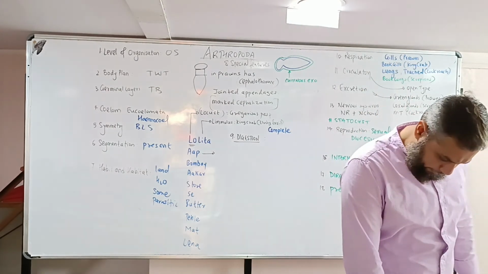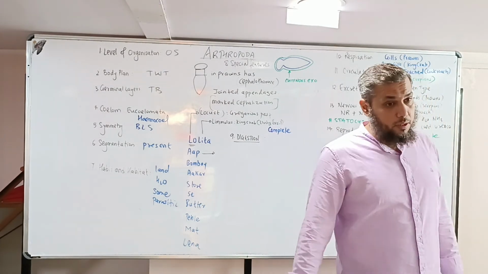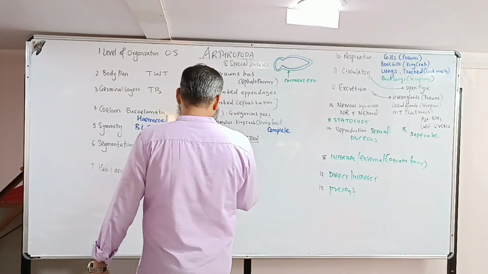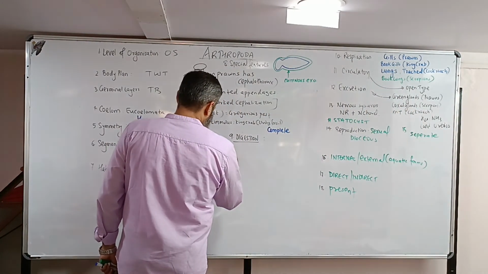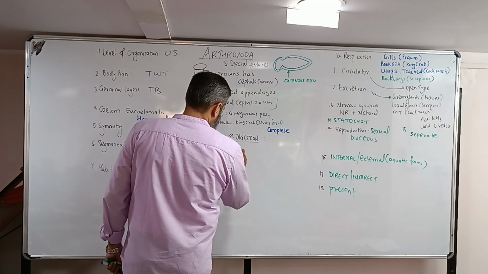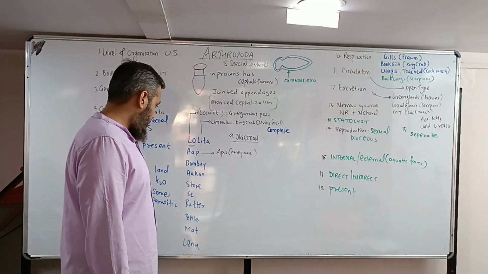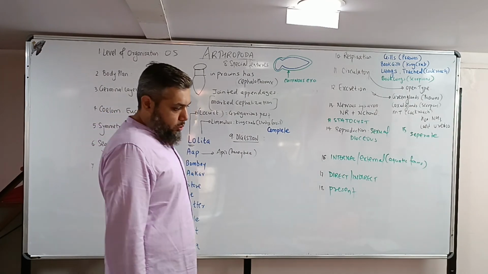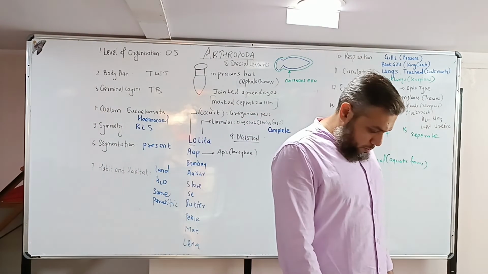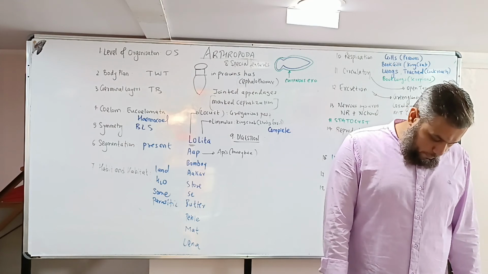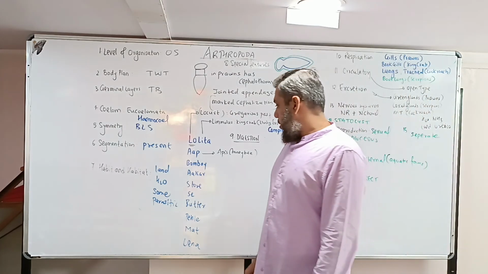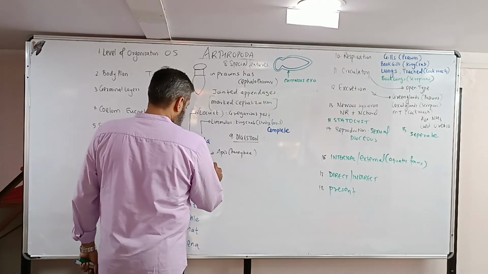See Apis. What is Apis? Honey bee. Is it commercially important? Yes. Then you want to go to Bombyx. What is Bombyx?